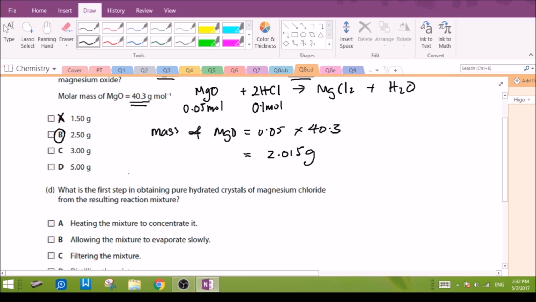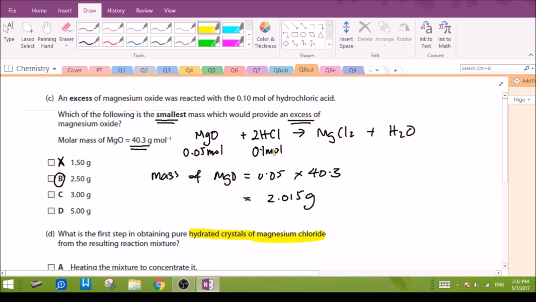Part D, what is the first step in obtaining the pure crystals after we carried out part C? Now we have added excess of magnesium oxide. That means in the mixture we have our excess magnesium oxide, which is a solid, together with our magnesium chloride solution.